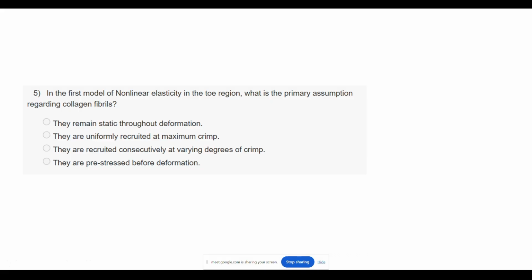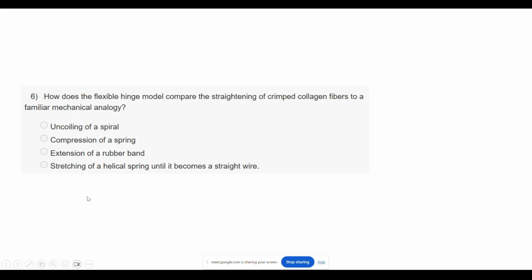They remain static throughout deformation. They are uniformly recruited at maximum crimp. They are recruited consecutively at varying degrees of crimp. They are pre-stressed before deformation. The answer is they are recruited consecutively at varying degrees of crimp. And when they enter the linear region, the assumption is that all of the fibers have straightened out.